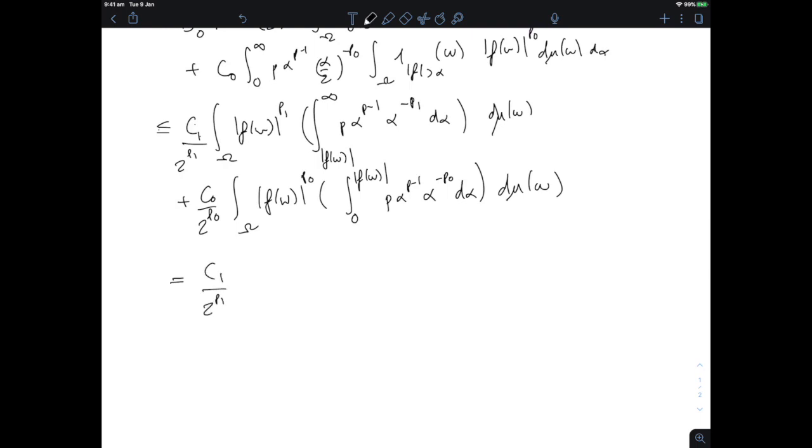We get C1 divided by 2^p1 integral of omega f of omega to the p1. Okay, this is alpha to the p minus p1 minus 1, so I'm going to get p divided by p minus p1, which is negative because p is strictly below p1, and now I'm evaluating alpha to the p minus p1 between f of omega and plus infinity.